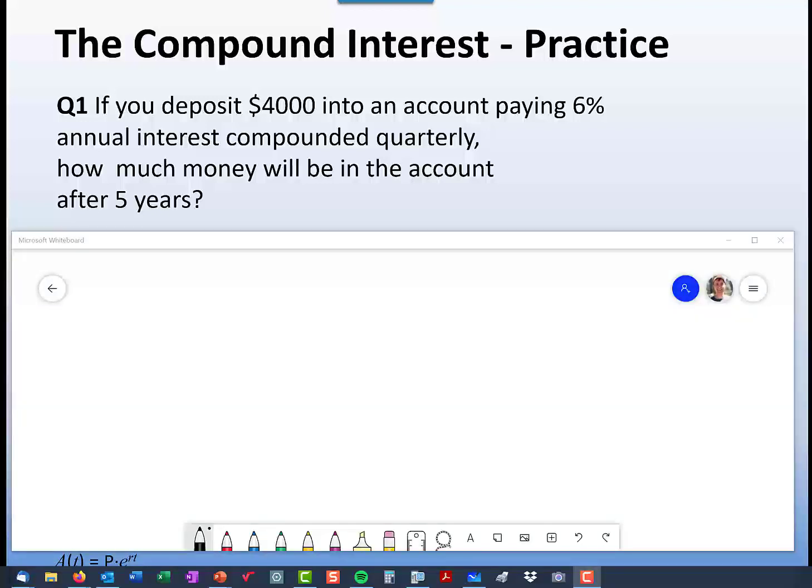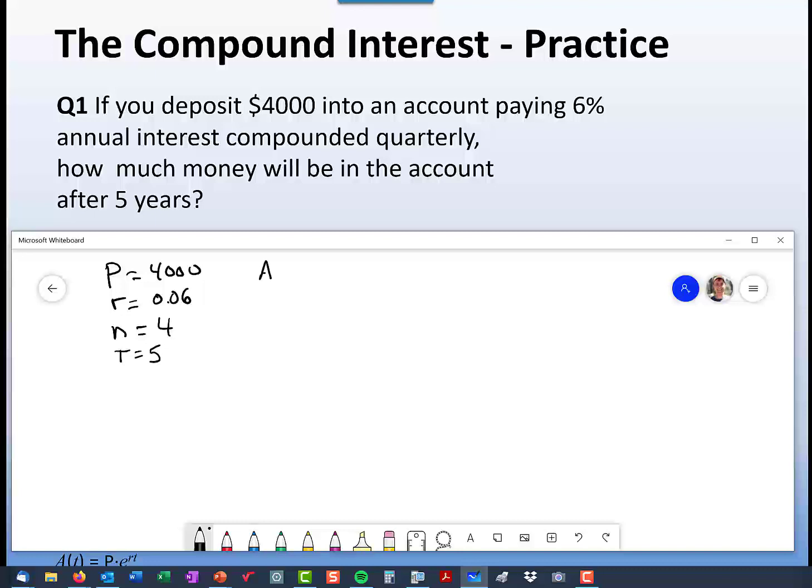Okay, we're depositing money in an account. So the 4,000 is the principal. The interest rate is 0.06. The compounding is quarterly. That means N is 4 times a year. And the investment is in the bank for 5 years.